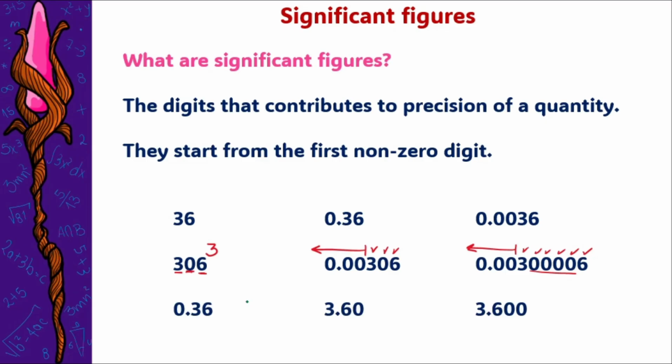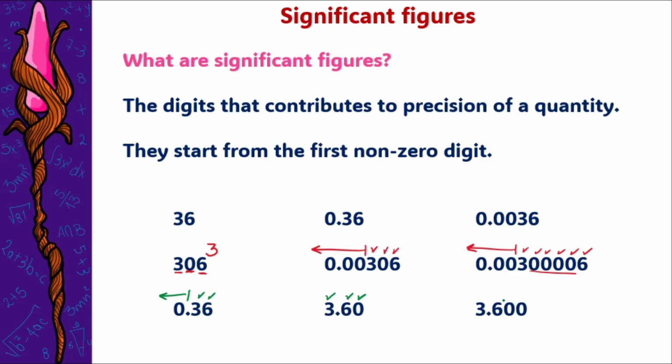And finally, these ones, which I think are the hardest to interpret because we have zeros at the end. In this case, again, the 0.36, the leading zero is not significant, so we have 1 and 2 significant figures. But in this case it's different, 3.60. This 0, since it's after the non-zero digit, is significant too. So it's 1, 2, and 3 significant figures.